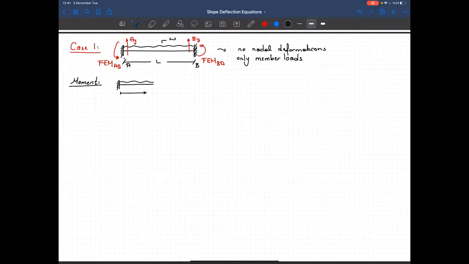That distance is X. So I have a moment here, and on this side I have fixed moment AB, and I have the support reaction AY, and the magnitude of the distributed force is W. So if you write the equilibrium equation with respect to that point, we obtain moment as equal to minus fixed moment AB plus AY times X minus W X squared over 2. So that's the equation for moment.